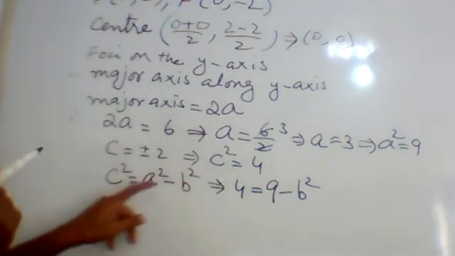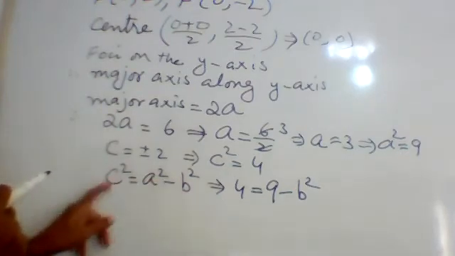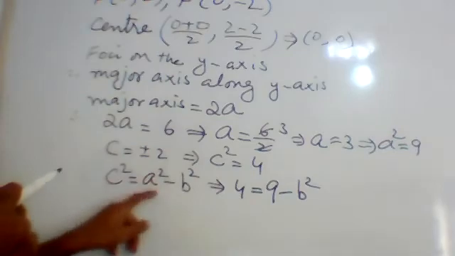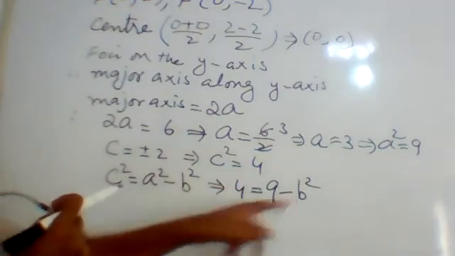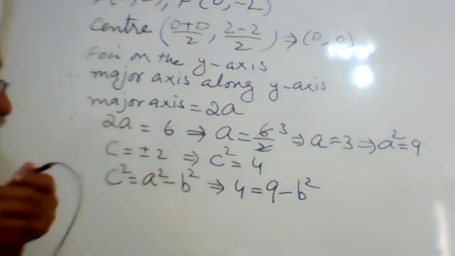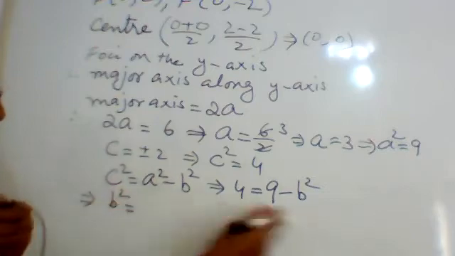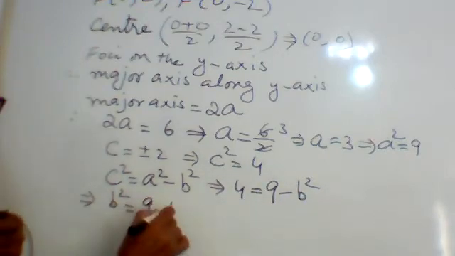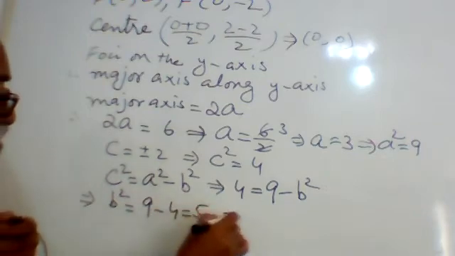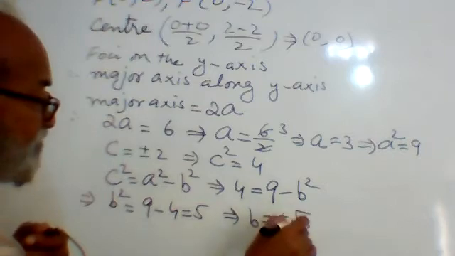C square is equal to A square minus B square is the relation between C, A and B. So C square is equal to 4, A square is equal to 9, and minus B square. So B square will become, 4 will be shifted over there, 9 minus 4 is equal to 5. So B will become plus minus root 5.